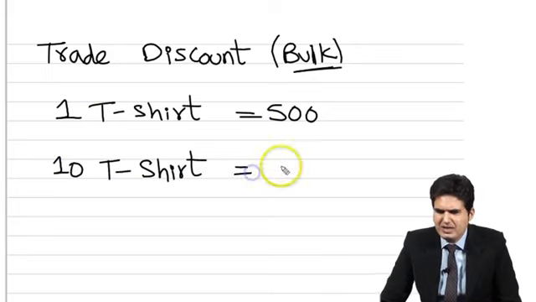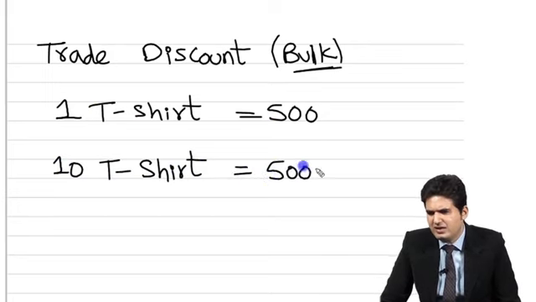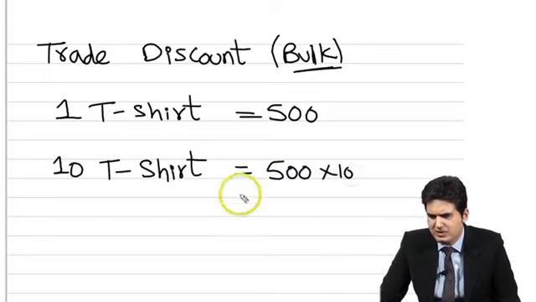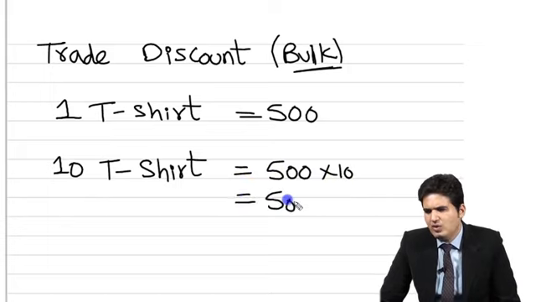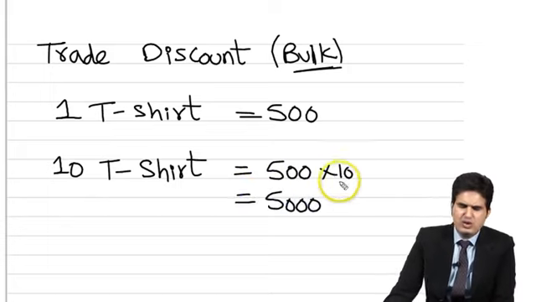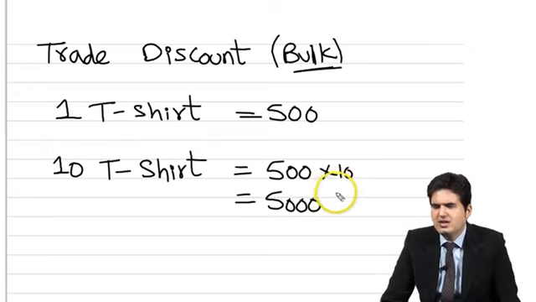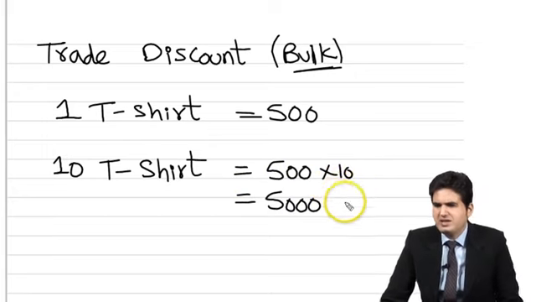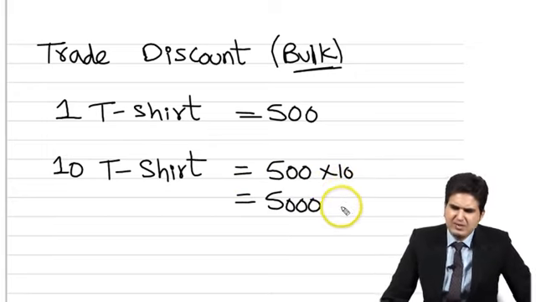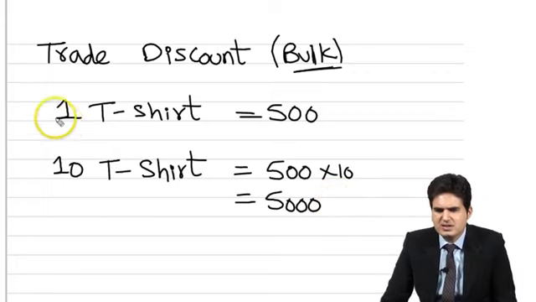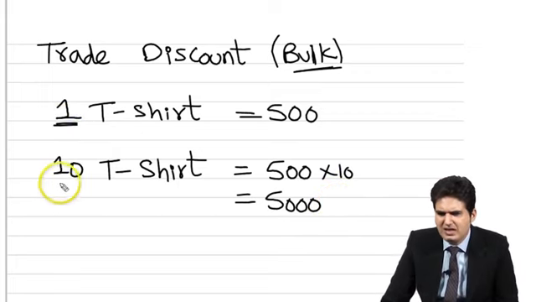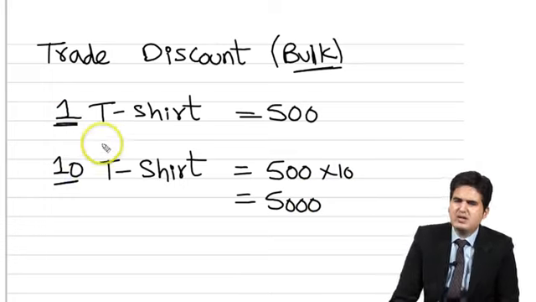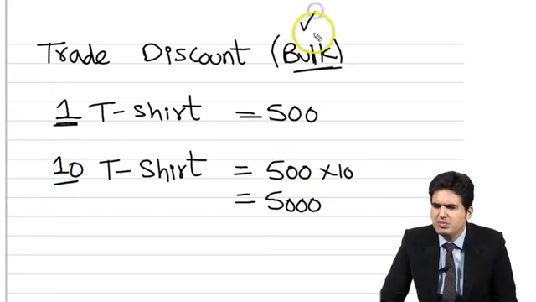So the actual price will be 500 into 10, 5000. But now naturally here what will happen is, the supplier of the t-shirt is bound to give me a little bit of discount, because the price of one t-shirt and 10 t-shirts cannot be compared, because I am purchasing the goods in bulk quantity.